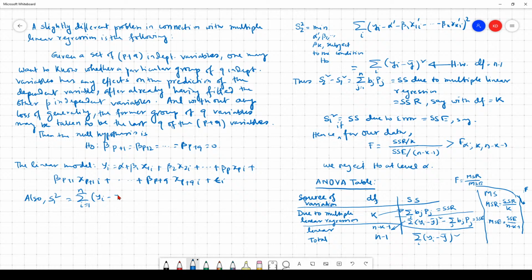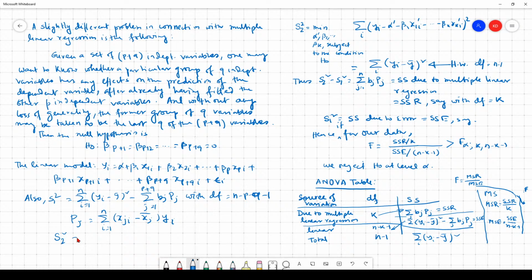So this is again the sum over i of y i minus y bar whole square, minus the sum over j from 1 to p plus q of b j P j, with degrees of freedom n minus p minus q minus 1, and P j equals the sum over i from 1 to n of x ji minus x j bar times y i.